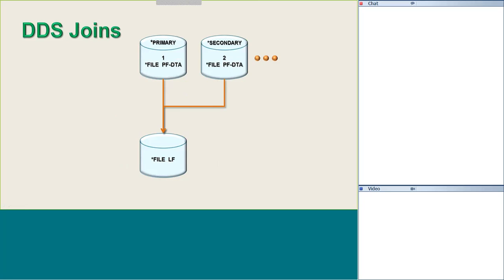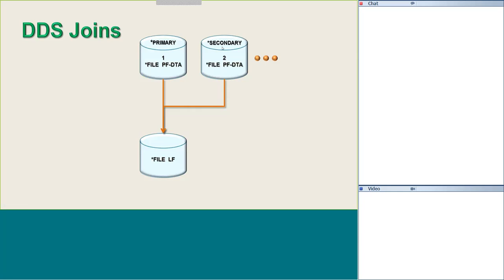The best I've ever done, I think, is 8. Beyond that, you're getting a bit hairy anyway. The first file you define is the primary file. And subsequent files that you define in order 2, 3, 4, 5, 6 are secondary files.